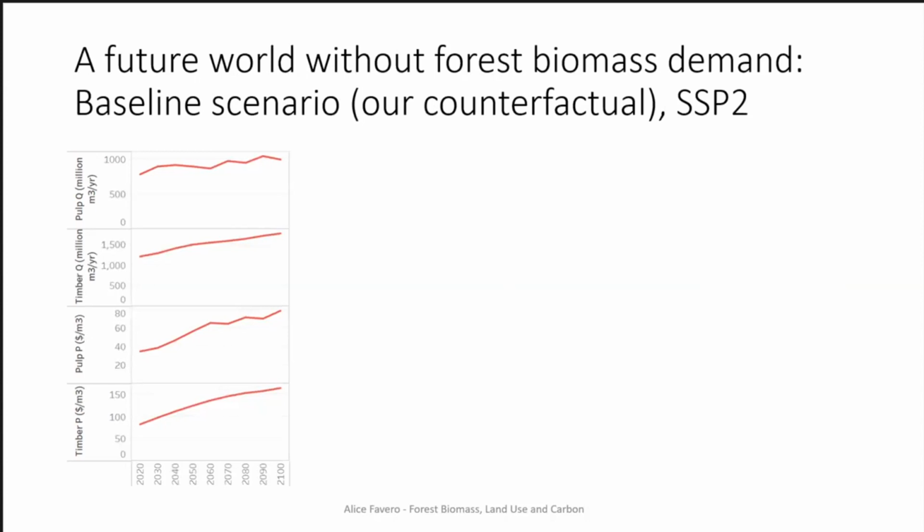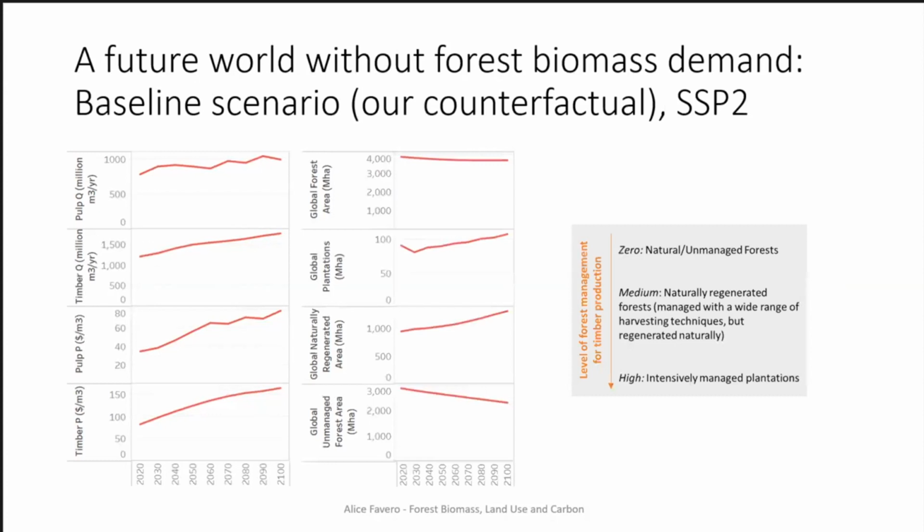What are the effects of these changes in the production of timber products from now until the end of the century on land, on forest land in particular? The second figure here is showing you global forest area. These are global production values. And here you have global forest area divided into three categories. Here you have everything aggregated. And down here, global plantation, what we define as highly intensively managed forest.